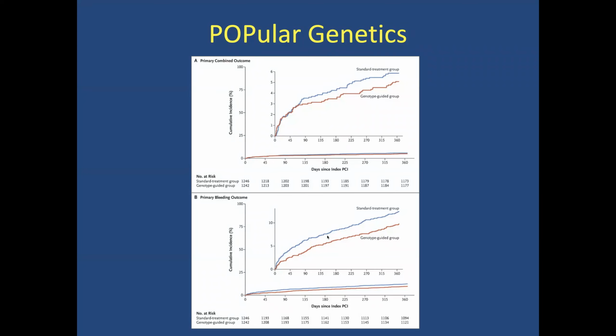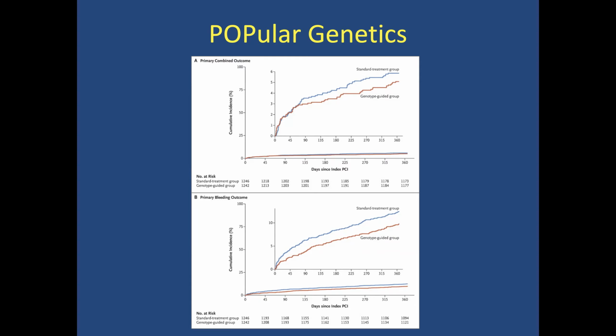And so for the primary outcome, which was a combined endpoint of vascular events, MI, stroke, death, with the genotype-guided therapy there were numerically fewer events, which was non-inferior to the standard treatment group, and there was significantly less bleeding with genotype-guided therapy. But as I said, this was the only positive trial that occurred in a STEMI population.